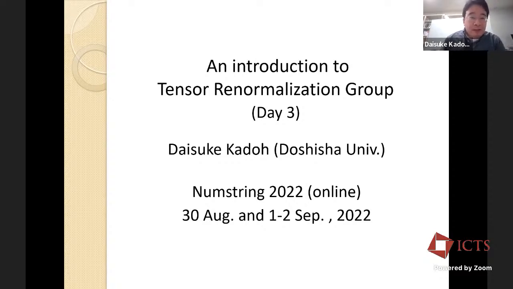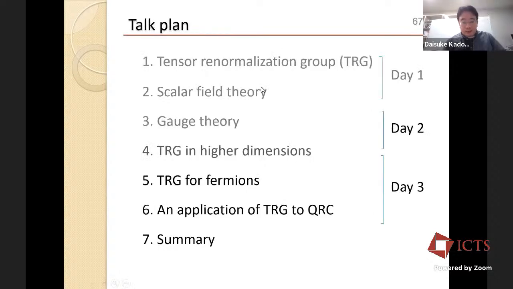In yesterday's talk, I talked about how to handle gauge fields in the TRG method, and I also talked about two higher dimensional TRG algorithms called higher order TRG and anisotropic TRG methods.